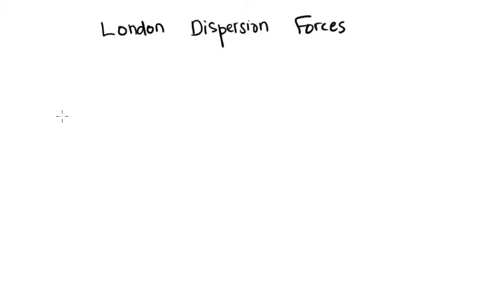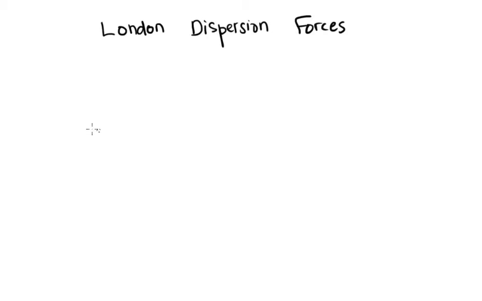The first intermolecular force that we have is London dispersion forces. London dispersion forces are by far the weakest IMFs, just because they're called temporary dipoles.